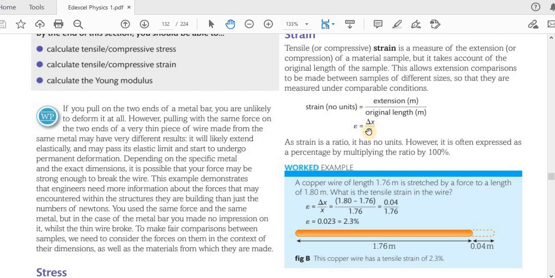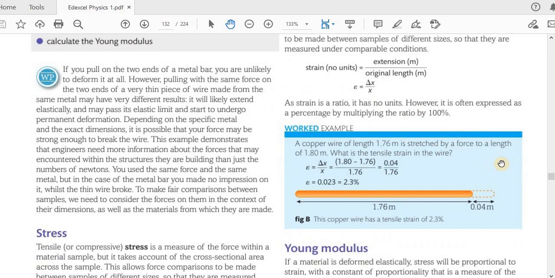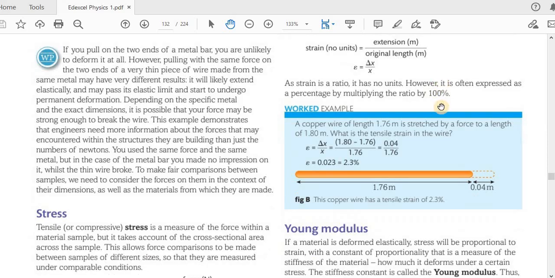And these are the symbols we use. Delta x is the extension, which is the difference between the final length and the original length. x is the original length. As strain is a ratio, it has no units. However, it is often expressed as a percentage by multiplying the ratio by 100%. So the units here and here cancel out, no unit.